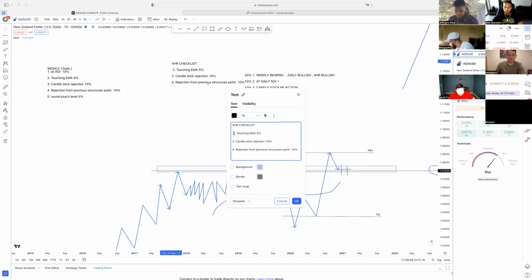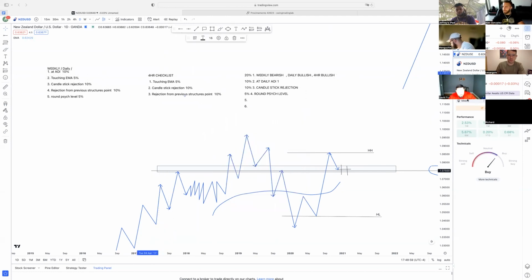When you go down to the 4-hour, this is the only thing you can look at. And when you're on the daily and the weekly, these are the only things that you can look at. If that makes sense, type 1. If it doesn't, type 2.